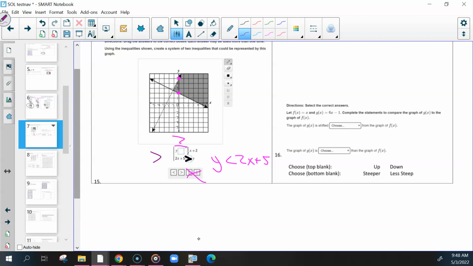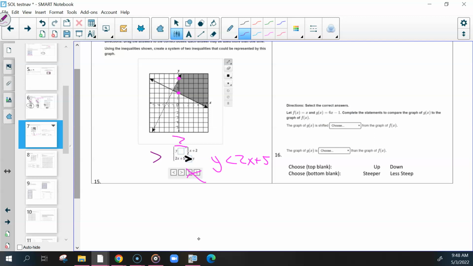Anytime it's talking about comparing the graphs, we're comparing these two graphs. You could graph them and actually compare them visually, or you could look at just the equations. For the graph of g of x is shifted, that's going to be up or down. You're looking at your y-intercepts and comparing them.